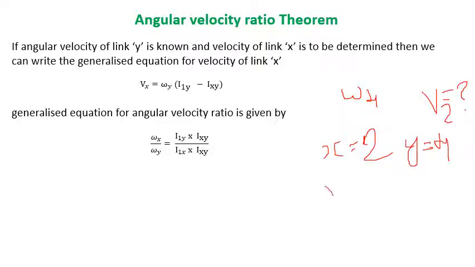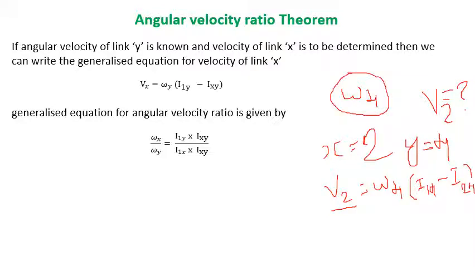So therefore v2 is equal to omega 4 I14 minus I24. So now we can find the velocity of link 2, if we know the angular velocity of link 4.